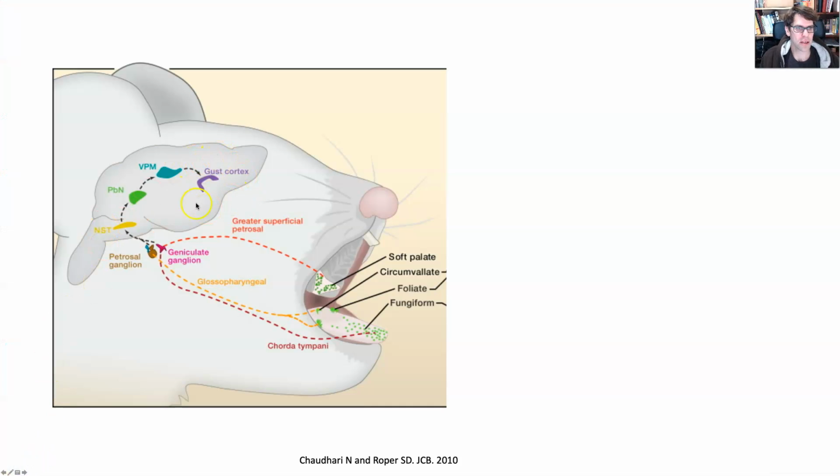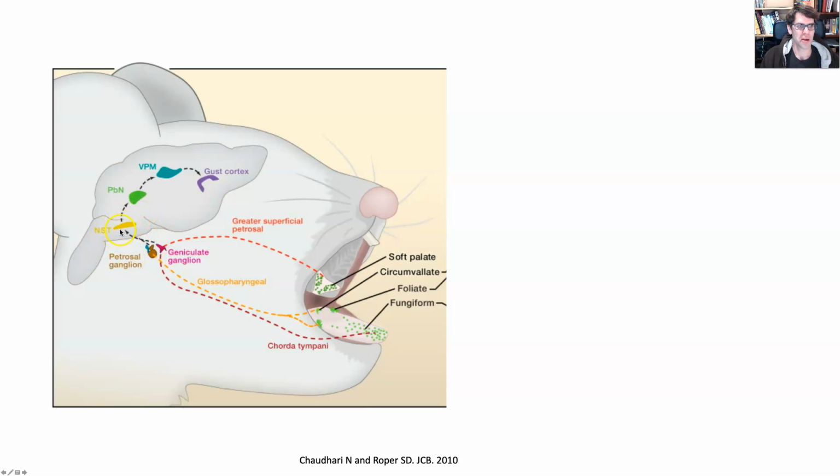In addition to the gustatory cortex, the other main region you might hear about is the solitary nucleus, the NST, as the primary relay to get to here. This is important for a number of reasons, but in particular, lesions here can lead to difficulty swallowing, and there's a feedback loop.